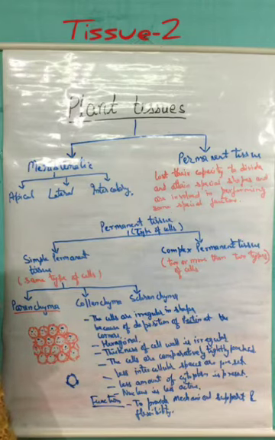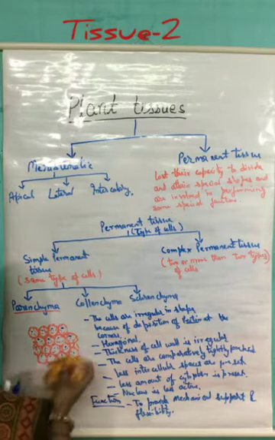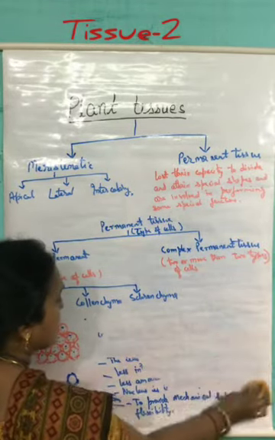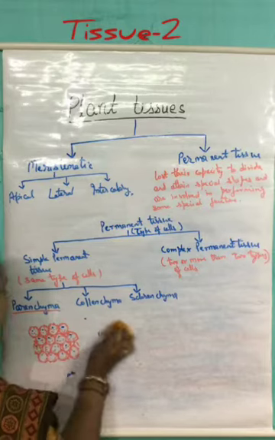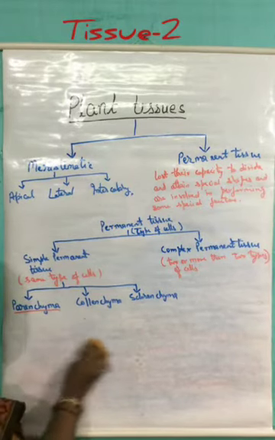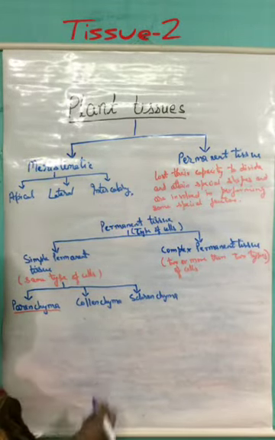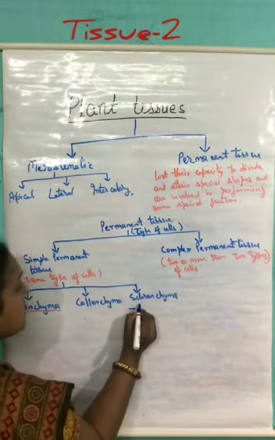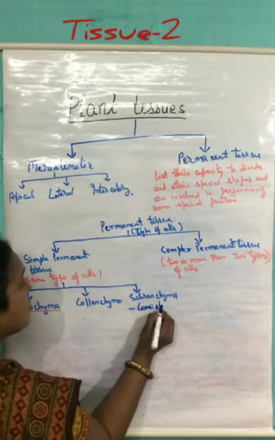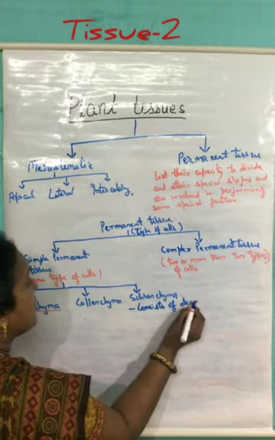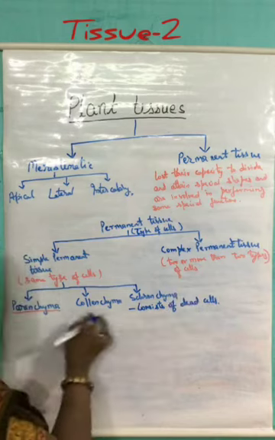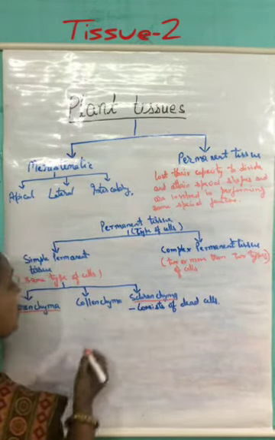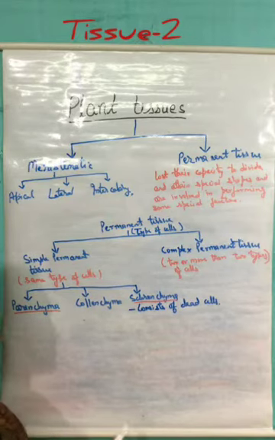Now the third type of tissue that we have to discuss today is sclerenchyma. These sclerenchymatous cells are considered to consist of dead cells. The previous two consist of living cells, but sclerenchyma is made up of dead cells.